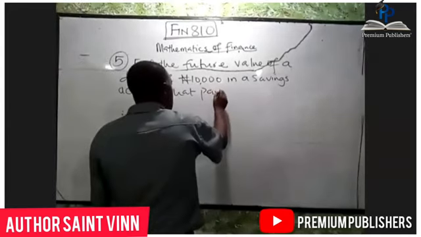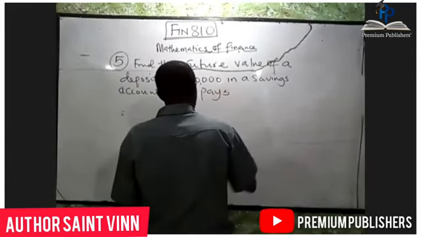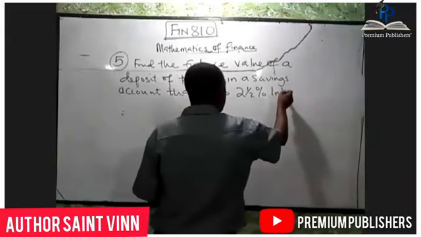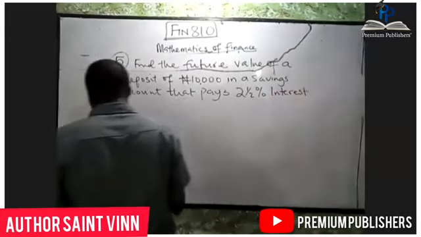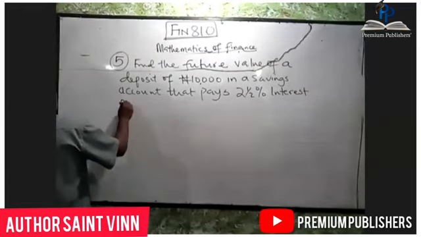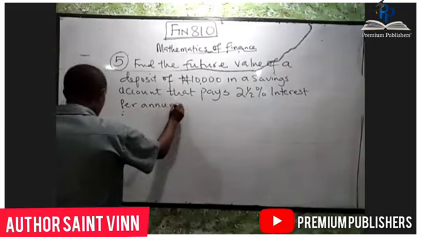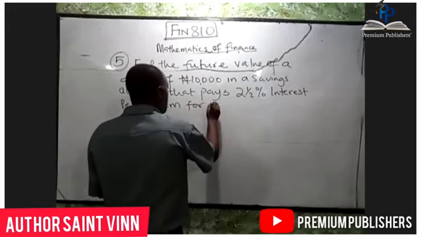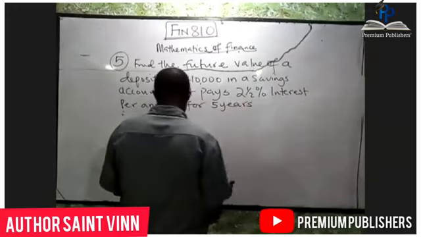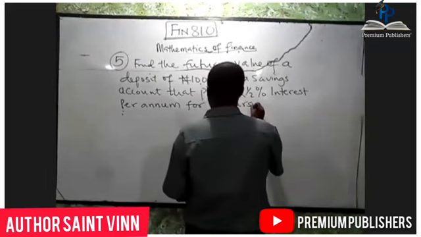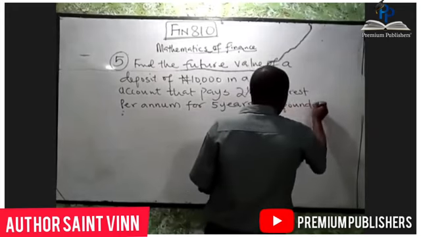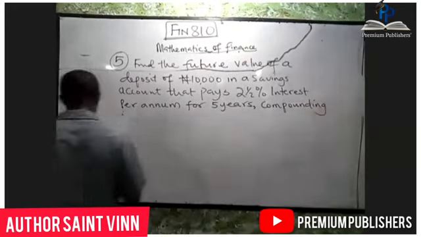That pays 2.5% interest per annum for 5 years. Compounding.